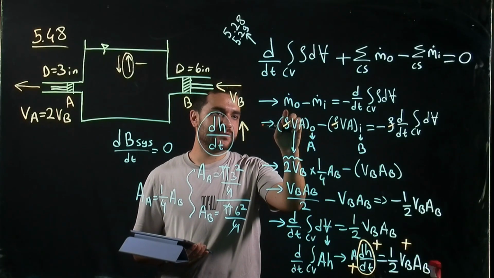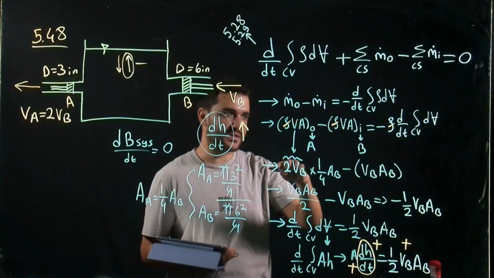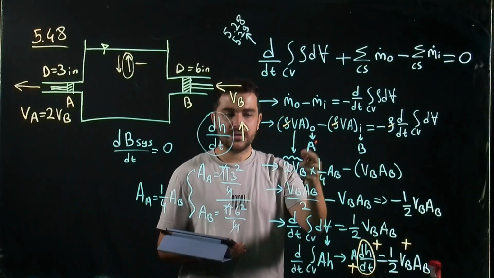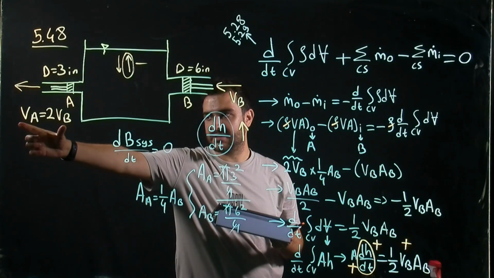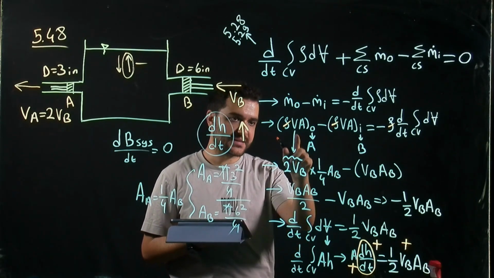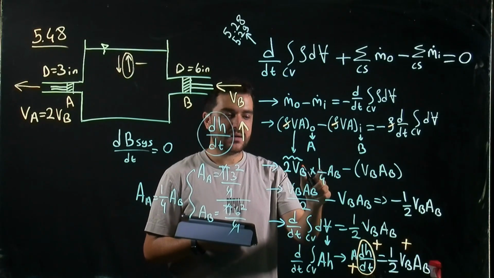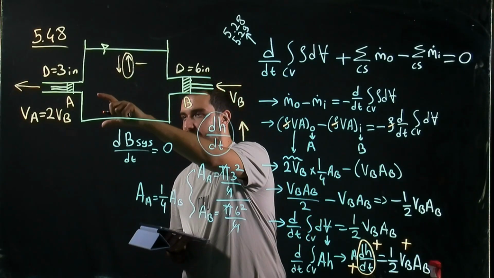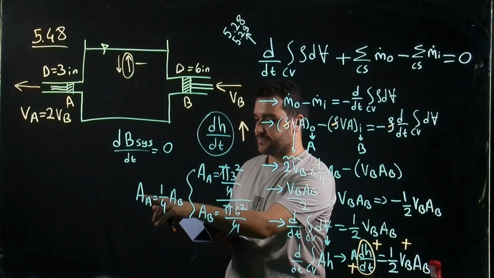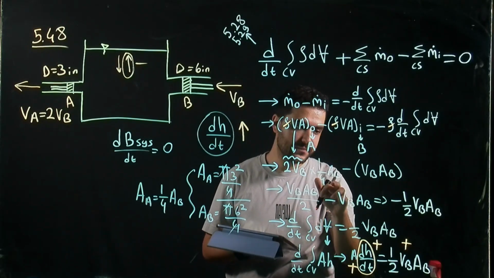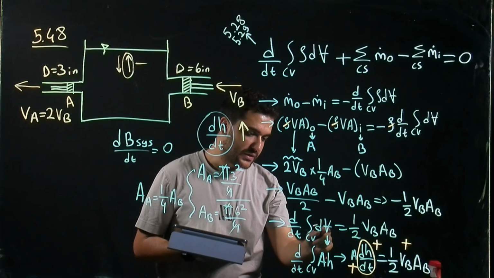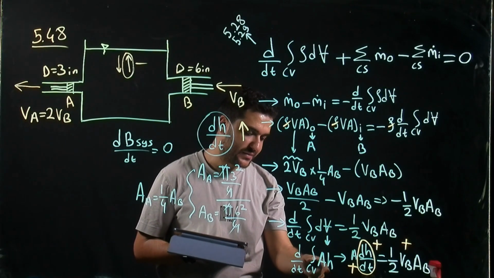So we have out mass flow rate and in mass flow rate, and we have the change of mass in the control volume. There was a relationship stated in the question: VA is 2 VB, so we replaced VA with 2 VB, and the diameters of these pistons were given, so based on that we also found the relationship between the areas of A and B. And finally, we wrote the volume as area times H.